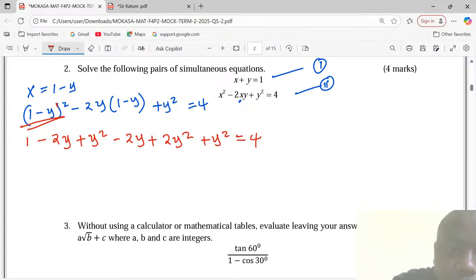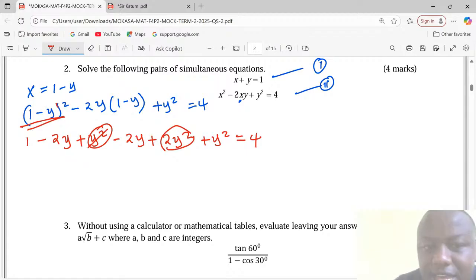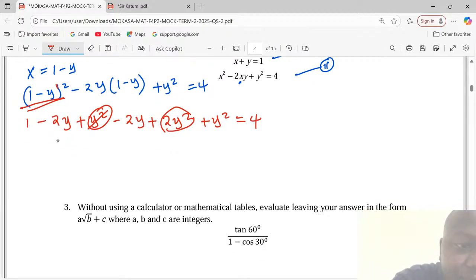So now we group terms. y squared, y squared and 2y squared. So this part and this part becomes 3y squared. Then negative 2, negative 2.